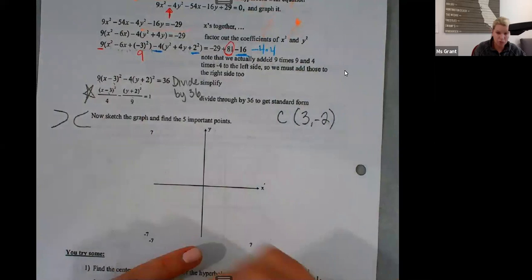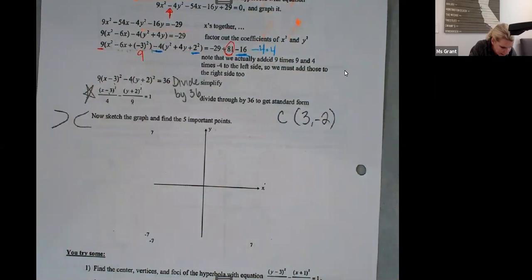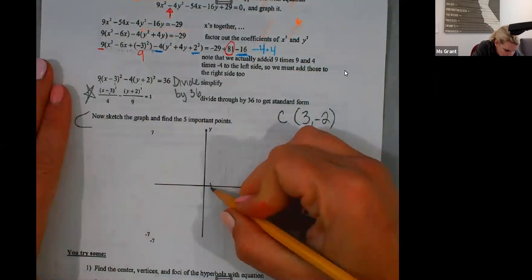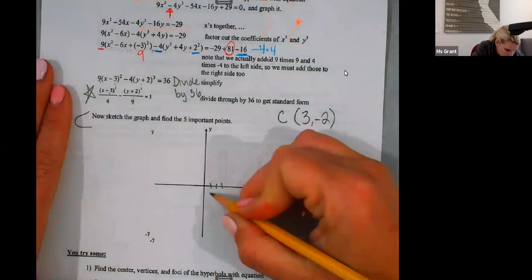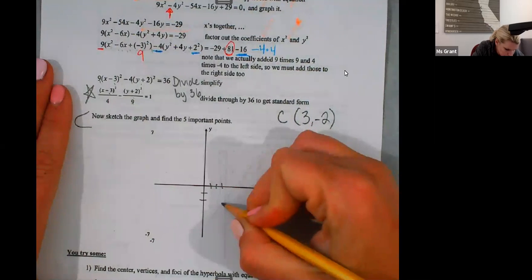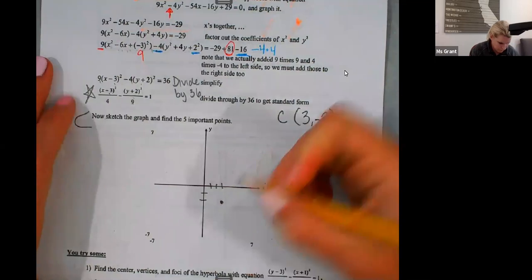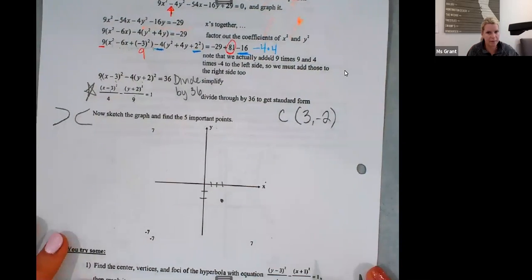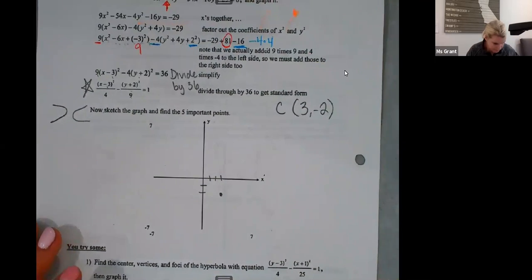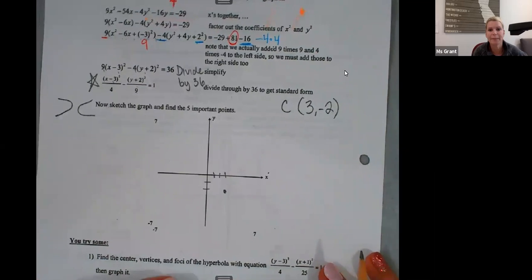I need to draw it, +3, -2. This is approximately right. I mean, the boxes are so hard to see, right? Okay.